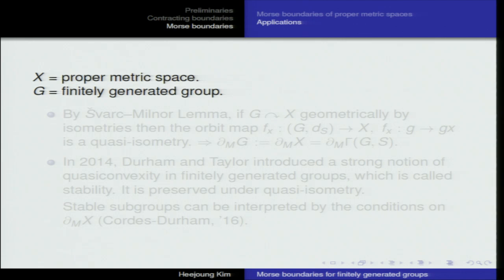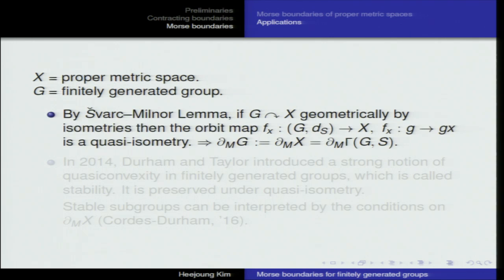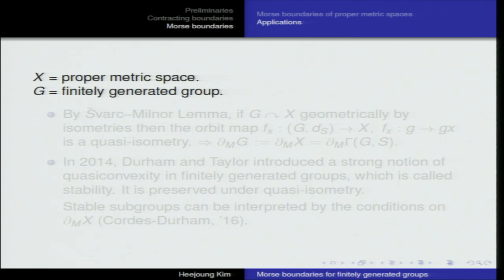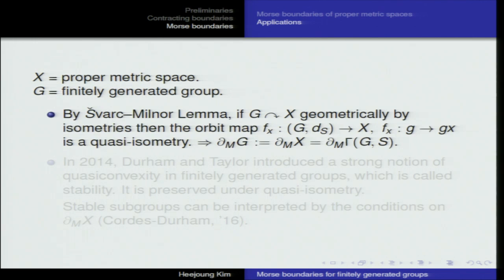Now groups. Let X be a proper metric space and G be a finitely generated group. Then again, by the Milnor-Svarc lemma, if G acts on X geometrically, meaning properly discontinuously and cocompactly by isometries, then the orbit map is a quasi-isometry.